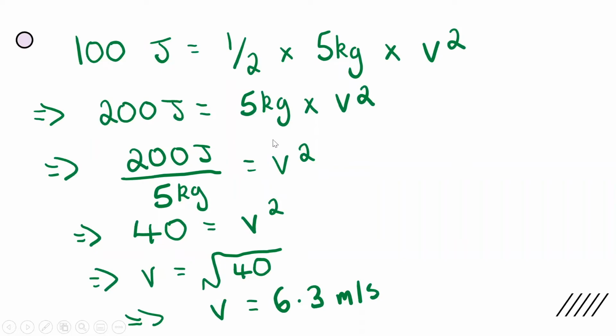That's the important bit I keep highlighting. Divide both sides by 5. So 200 divided by 5 is 40, just a number, is v squared. And to get the velocity, you have to square root both sides. So v is the square root of 40. Okay, v equals 6.3 meters per second. Again, use the calculator to do that.